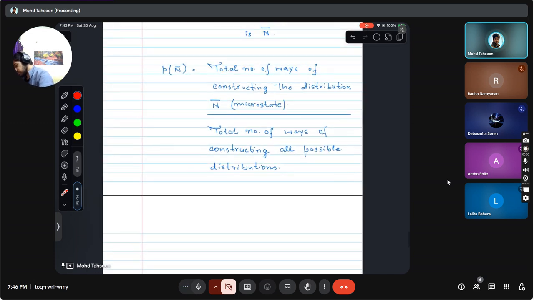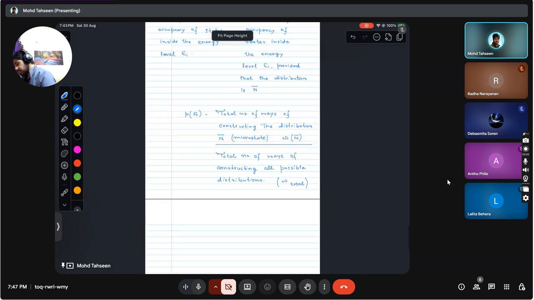So this quantity will not affect anything qualitatively, because it's a constant. There is some notation. This quantity is represented by omega n bar, and this quantity is omega total. This is just some notation. So omega n bar is the number of ways in which n bar can be constructed, and omega total is the total number of ways of constructing all the possible microstates.